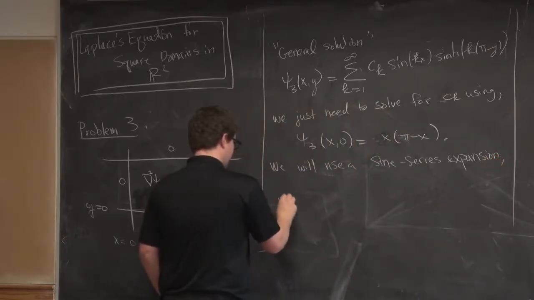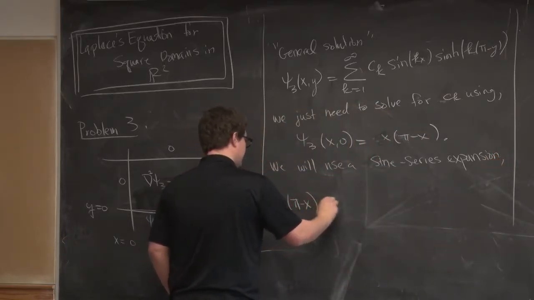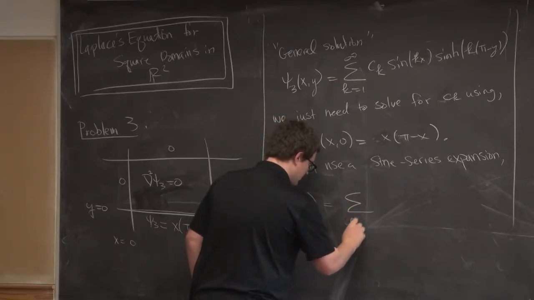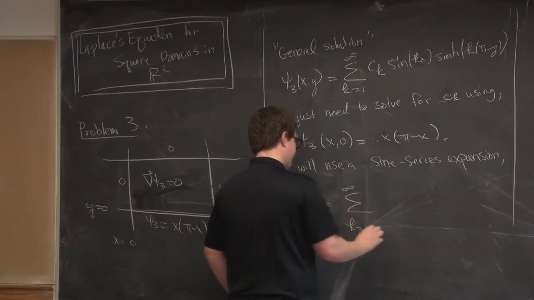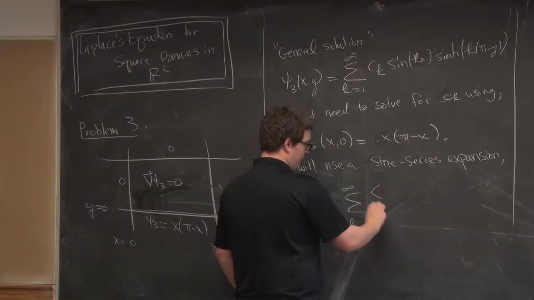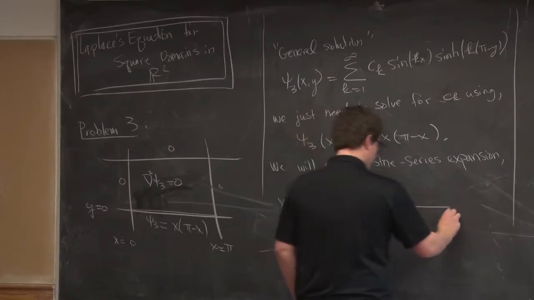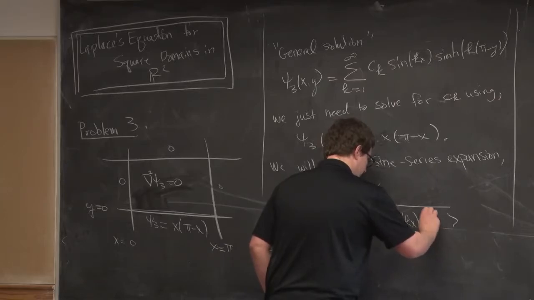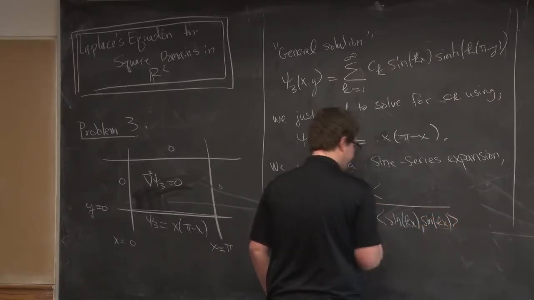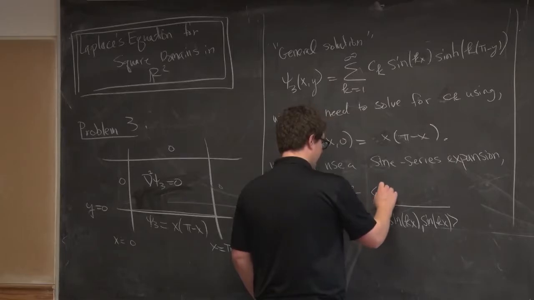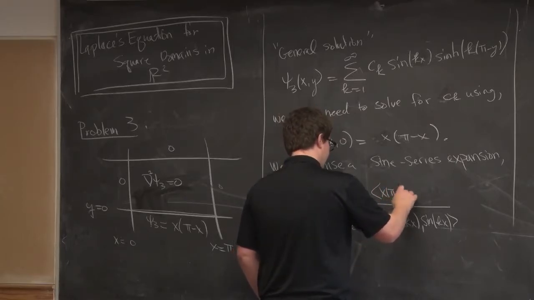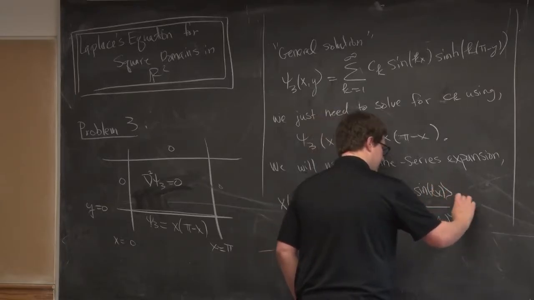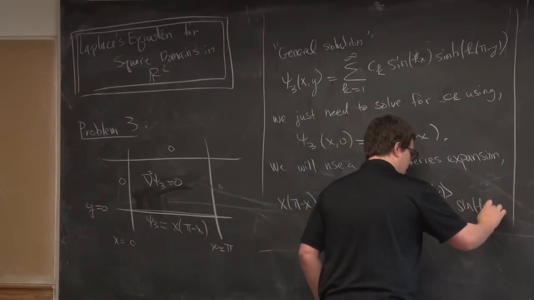So we have x(pi minus x) equal to the sum from k equal to 1 up to infinity of something times sine kx. What we do is use sine kx times x(pi minus x) times sine kx.